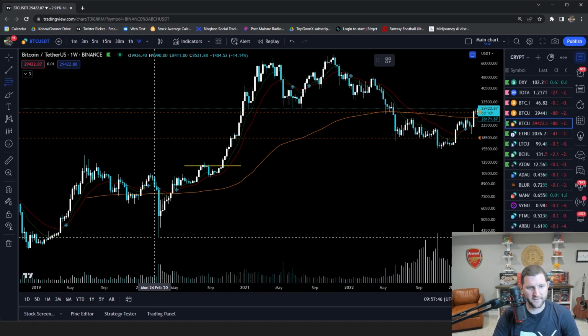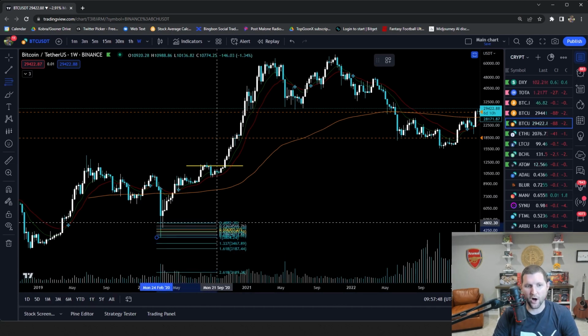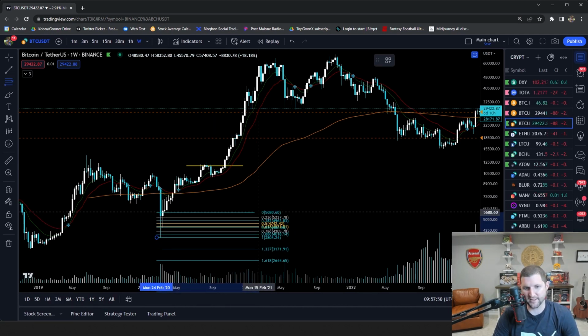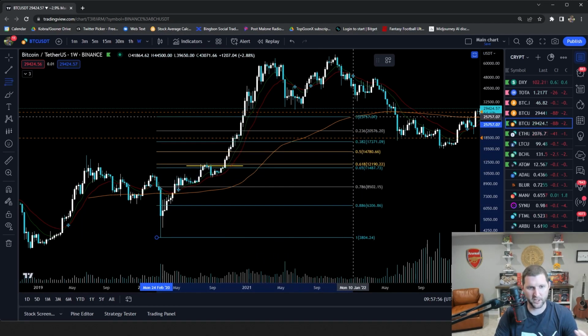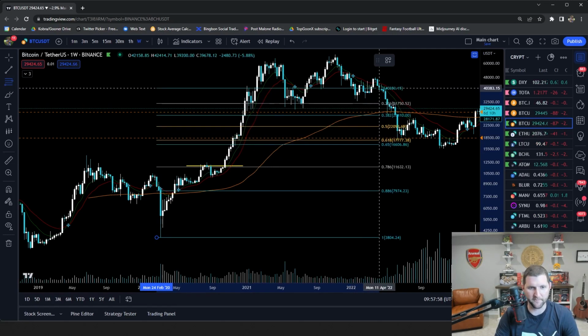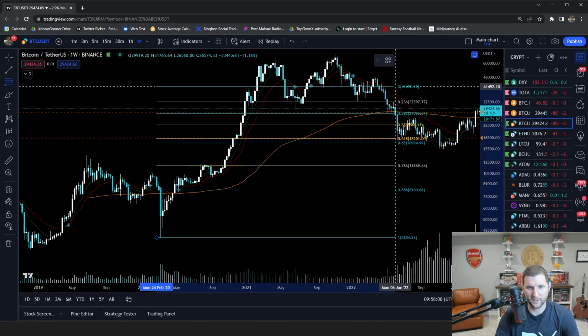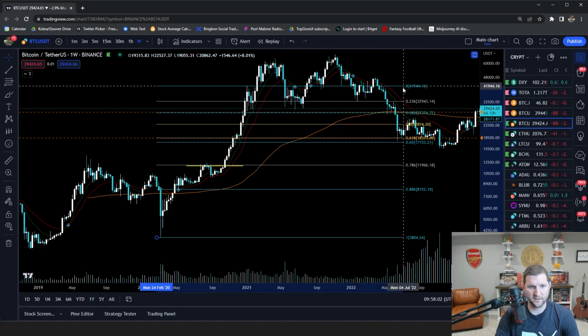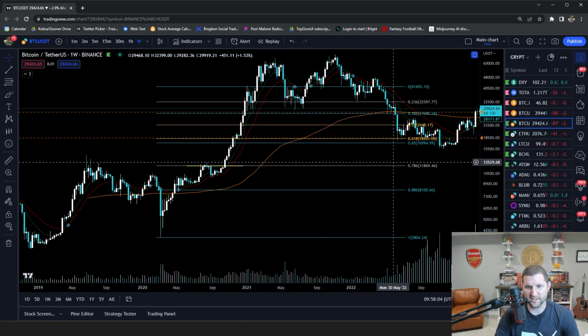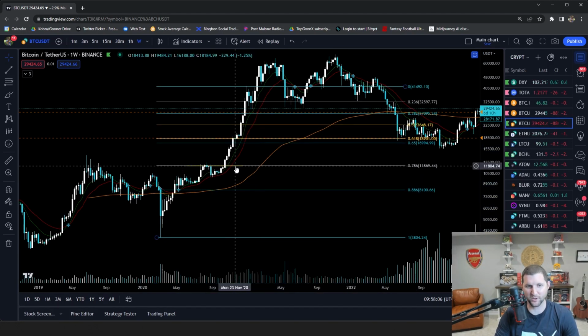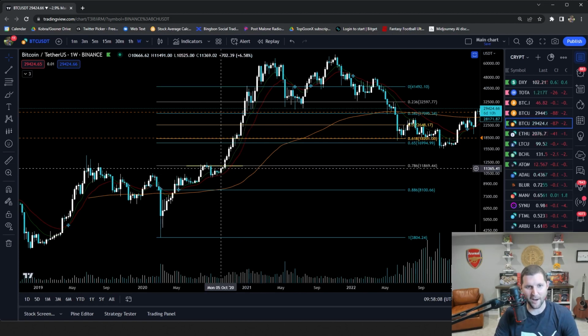So if I start at the very bottom here and I just draw, I'm going to put the 786 fib, because that's kind of my retracement fib, right at this level, and we're going to see where that puts the top of this move. Bam. So the 786 fib is right at my key support level, and look at the top of this parabolic move.